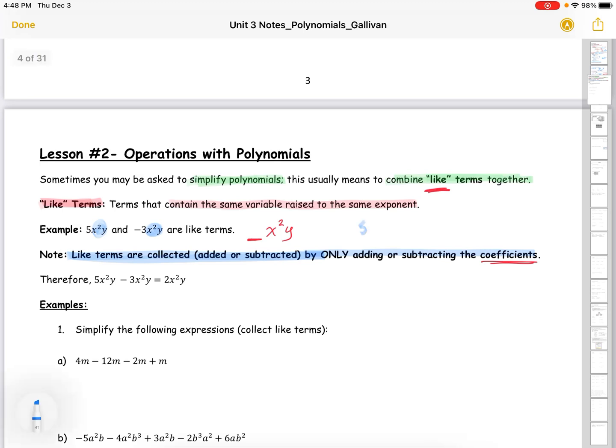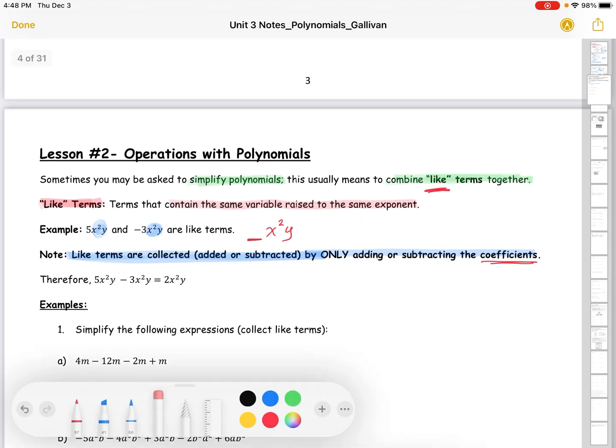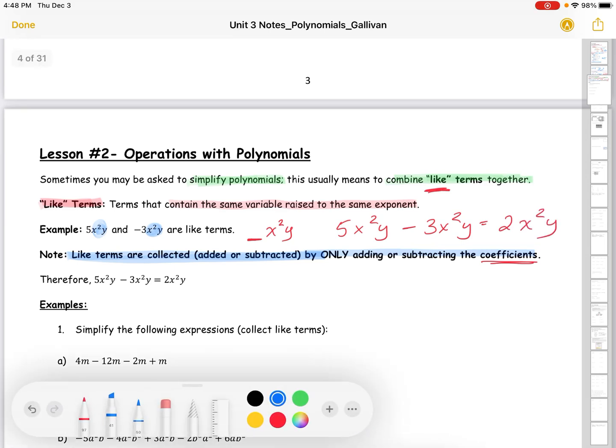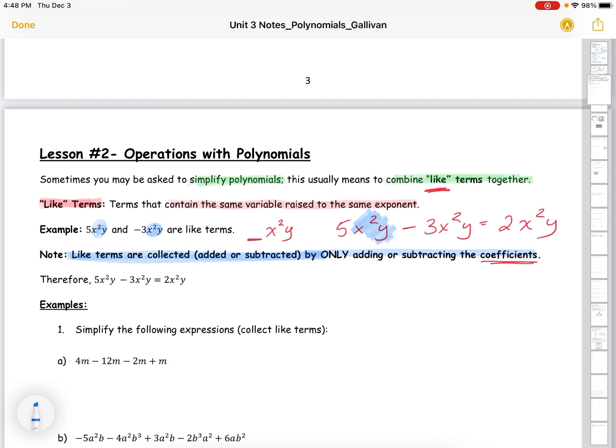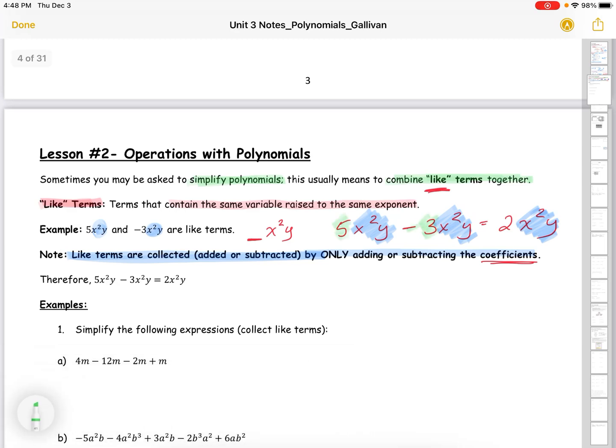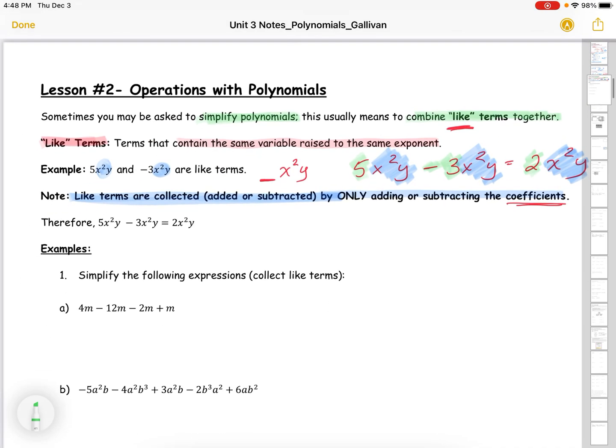So in this case, that would mean that 5x squared y and -3x squared y would be equal to 2x squared y. So what we can notice from that is this part stays the same, and the coefficient is what we change, okay? So there we see that example right there.